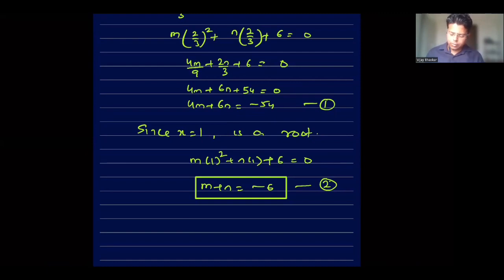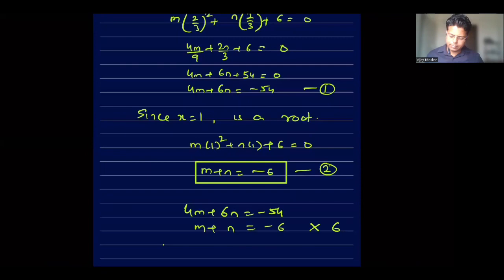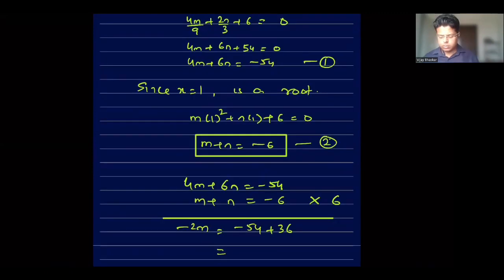So I will write 4m plus 6n is equal to minus 54. Similarly here, m plus n equal to minus 6. So let's multiply the second equation by 6 and then we'll subtract. So 4m minus 6m is minus 2m. Subtracting, this will be gone. Minus 54 subtracting plus 36, so this will be minus 18.